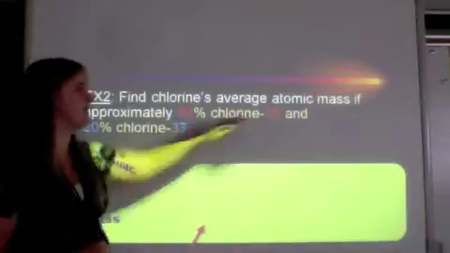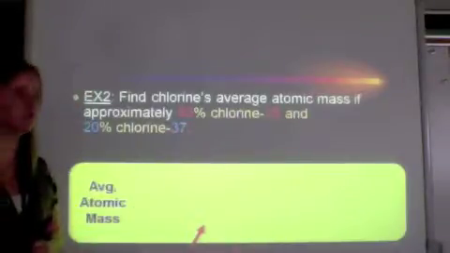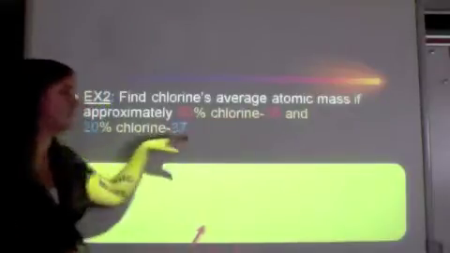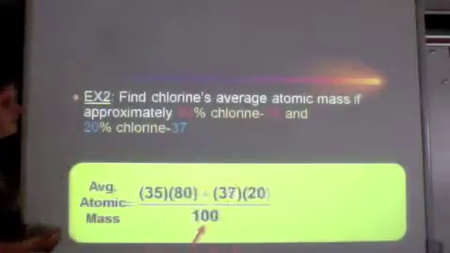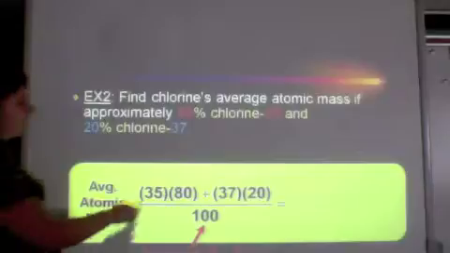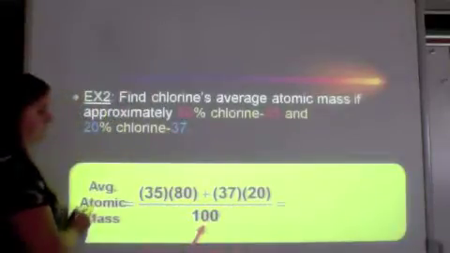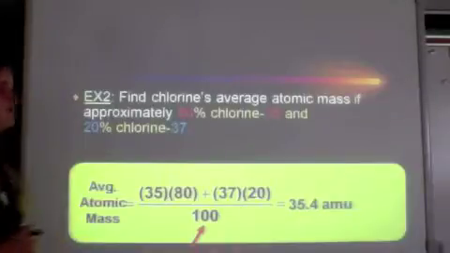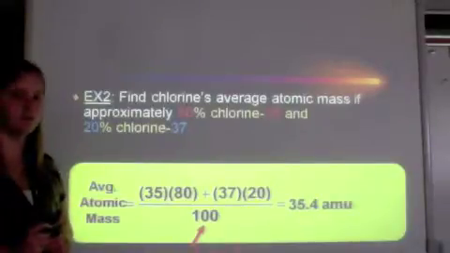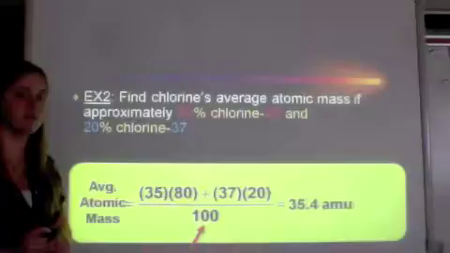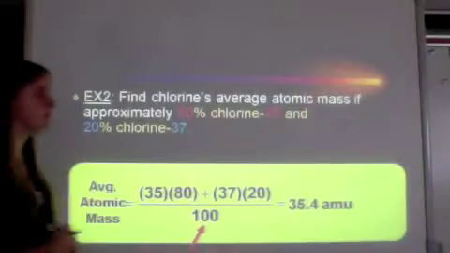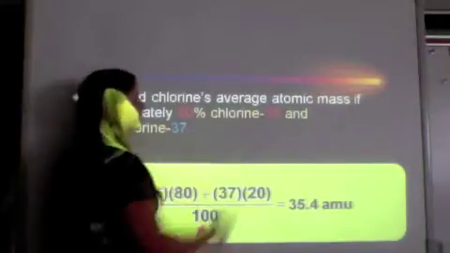Chlorine 35. Therefore, your answer should be closer to 35 than 37. So when you plug this in, you should get 35 times 80 plus 37 times 20 divided by 100. And you should have gotten 35.4 AMUs. Does this answer make sense? Yes, because it's closest to chlorine 35.